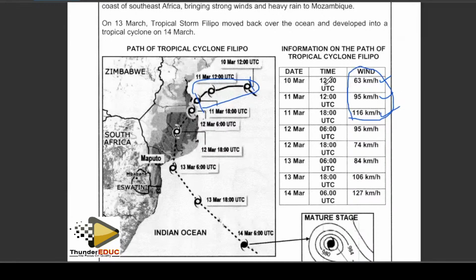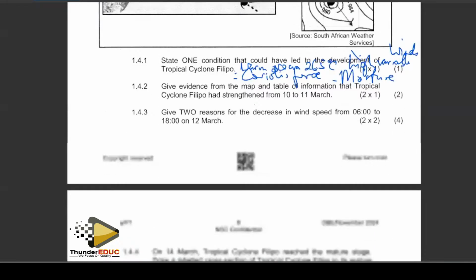From the 10th of March at midday until the 1800 hours of the 11th of March, the wind speed of the weather system was increasing from 63 kilometers per hour to 95 kilometers per hour to 116 kilometers per hour. It's also evidence from the table, which shows that the system was strengthening as it was moving in those particular given days. Right. Then we'll go to the next question.